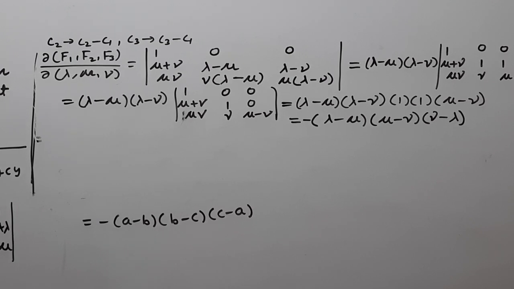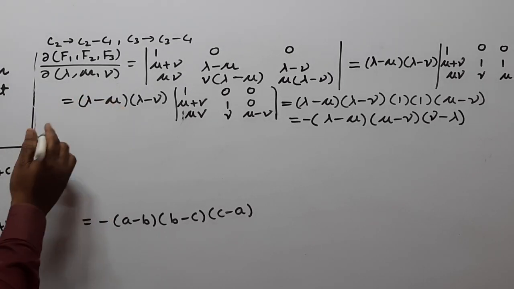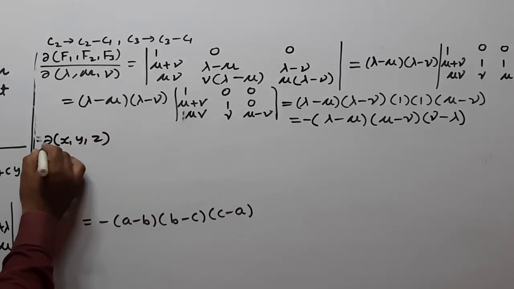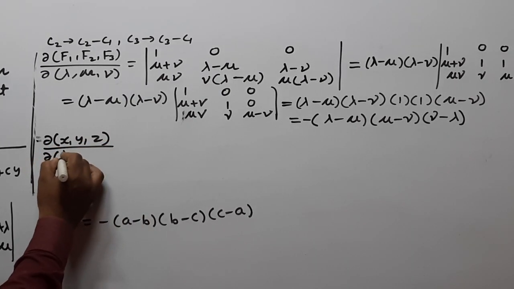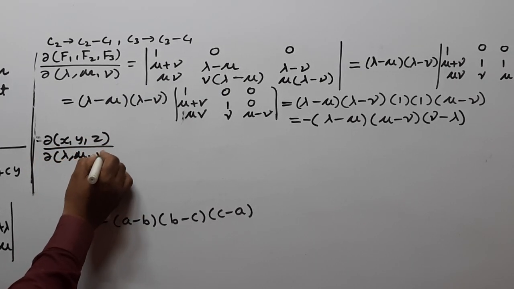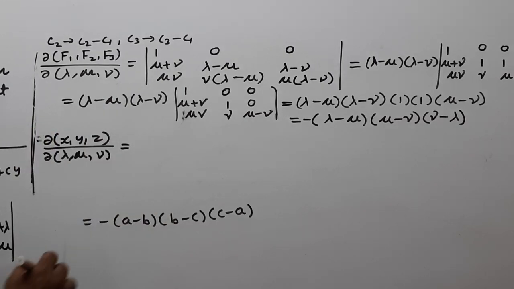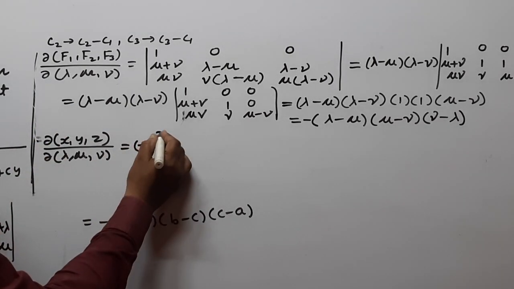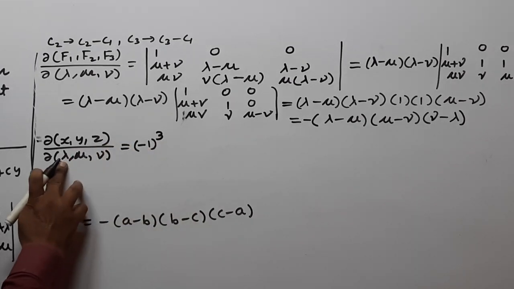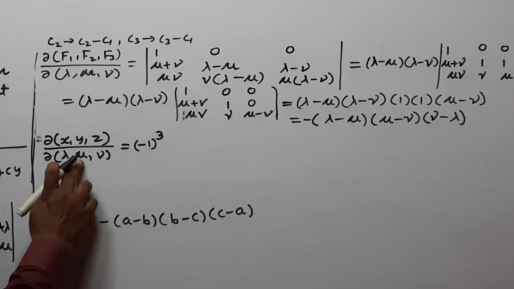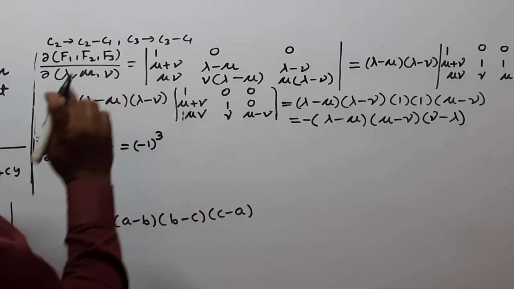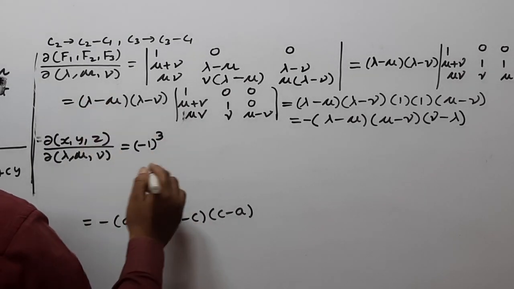Now we have to find the Jacobian of x, y, z with respect to lambda, mu, nu. So we use here the formula minus 1 to the power 3. Here 3 is the number of variables. There are 3 variables, lambda, mu and nu. So we use here the power 3.